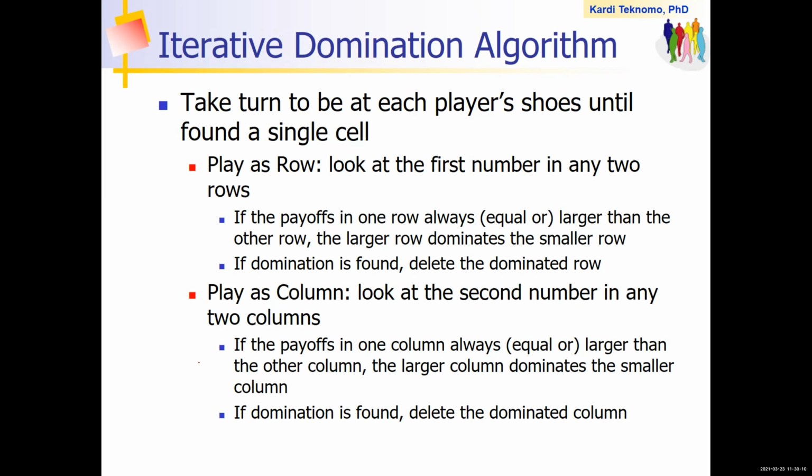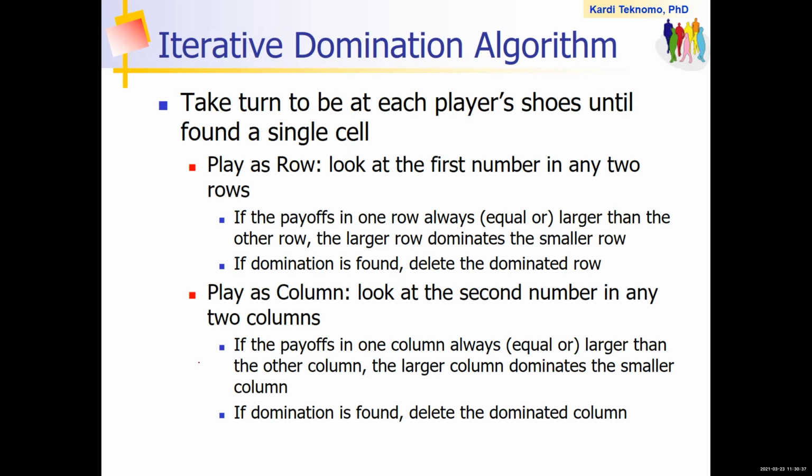Now, if the payoff of one row is always larger than the other row, this is strictly dominant. The larger row dominates the smaller row. If domination is found, then delete the dominated row.